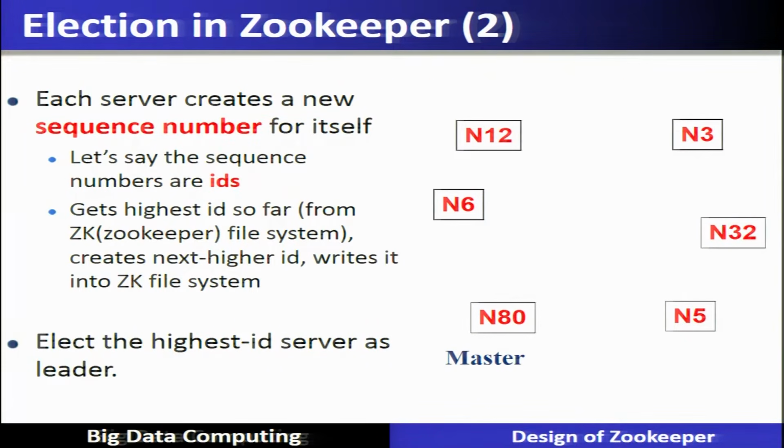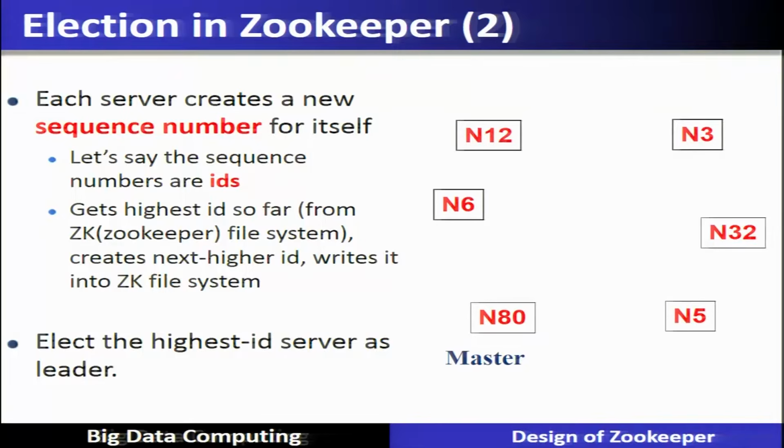So, each server will create a new sequence number for itself, and this sequence number is stored in a file. Let us say that the sequence numbers are the node IDs, and the highest node ID seen so far from the Zookeeper file system will be used to create the next higher ID, and it writes it into the Zookeeper file.